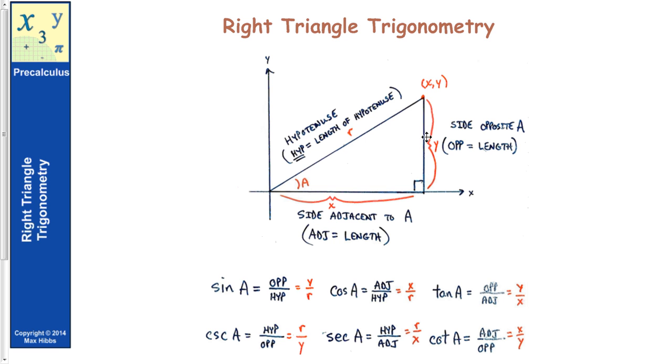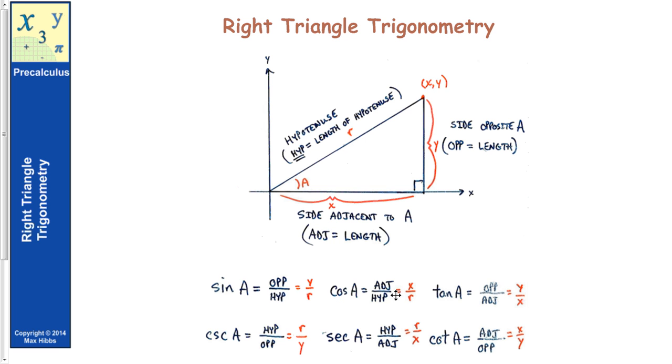But y is nothing more than the length of the opposite side, and r is nothing more than the hypotenuse. So y over r and opposite divided by hypotenuse are equivalent. We also decided that the cosine of said angle would be the first coordinate of the point on the terminal side divided by the distance from the origin to that point, which is r.